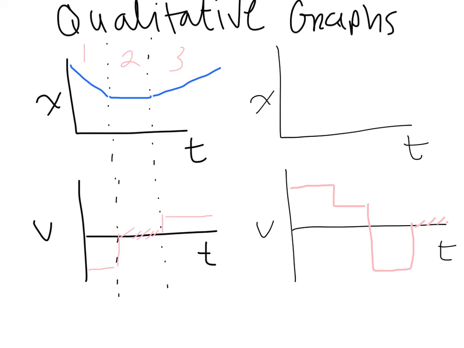So here this graph has 4 distinct segments that we want to translate up to the position time graph. Let's make those lines look a little bit better.